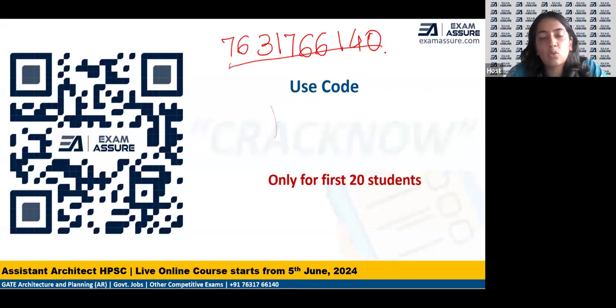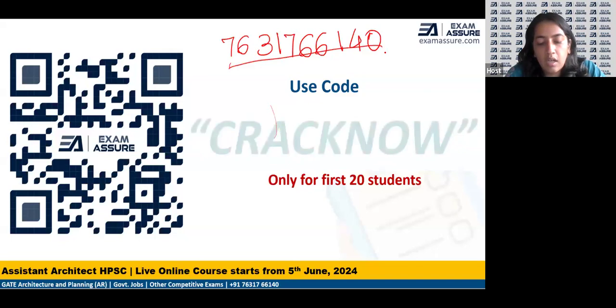Baisali, no. Students who have completed a bachelor's degree in architecture can apply for this exam. Sakshi, the course would start on 5th of June. It would be from Monday to Friday. Weekends would be off.